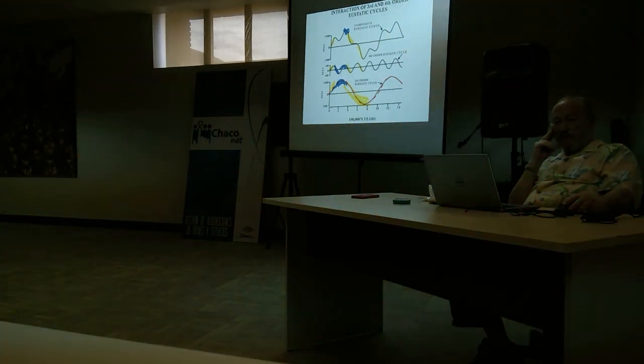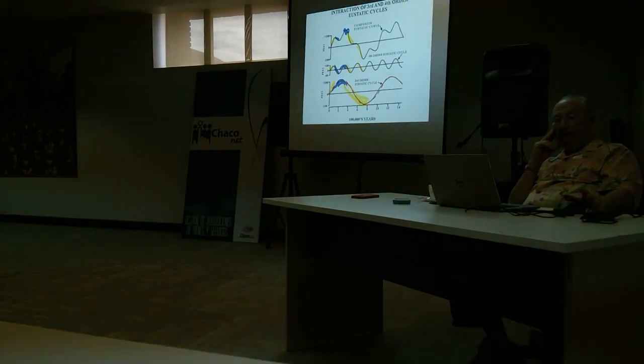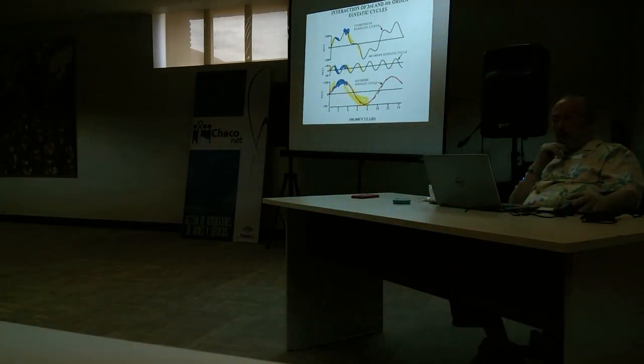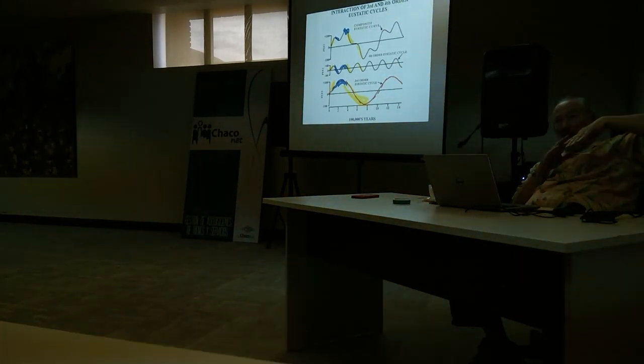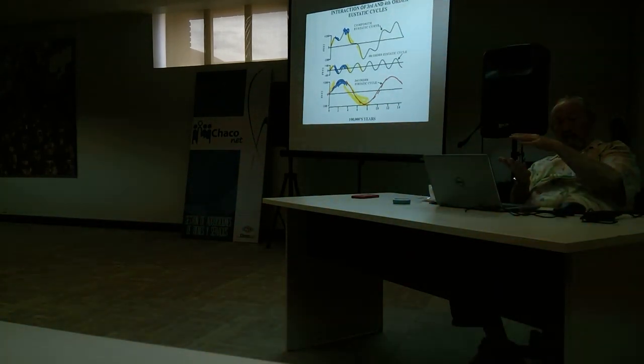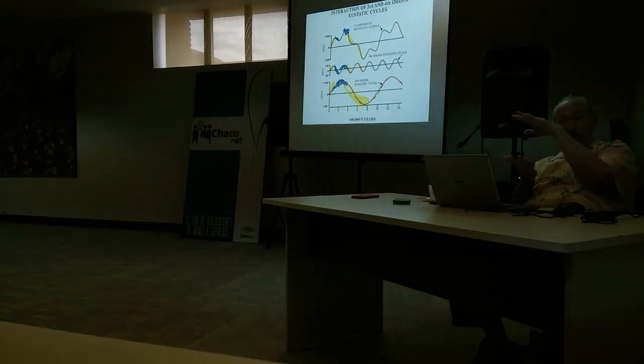Well, we're going to get just a small drop in sea level. So my point is that the degree or amount of fall and rise in sea level is a function of superimposing these different scales of change in sea level.